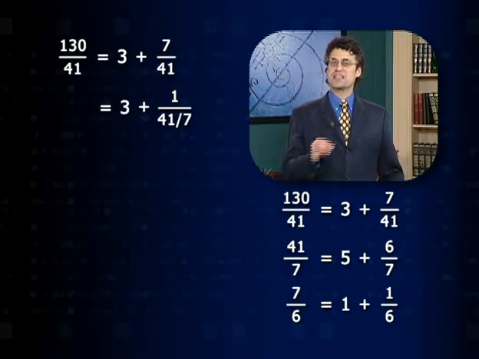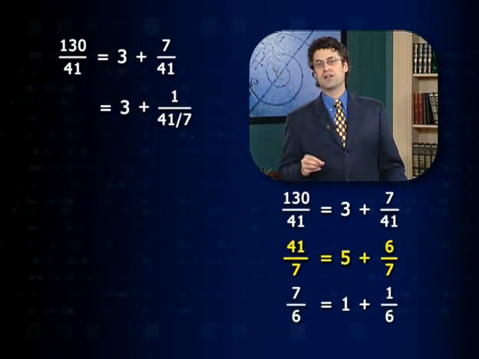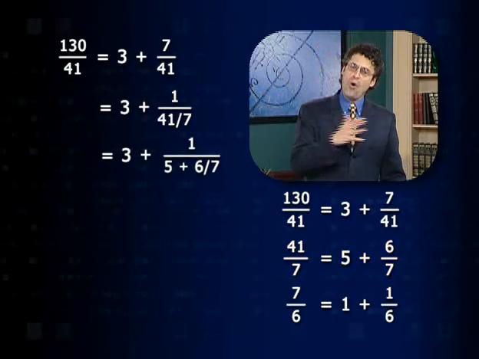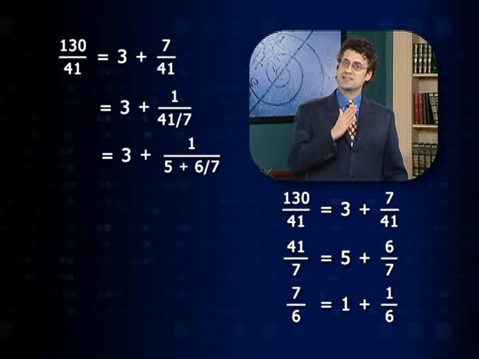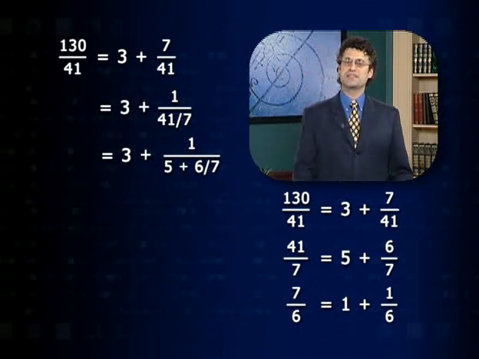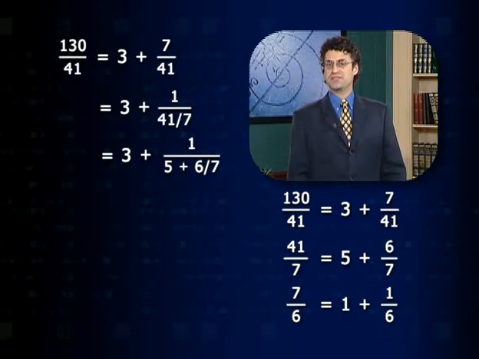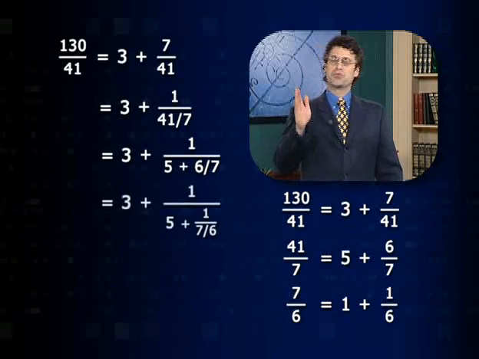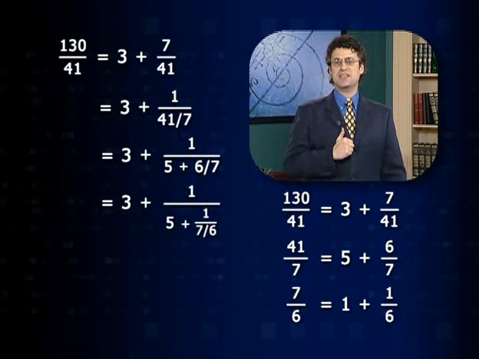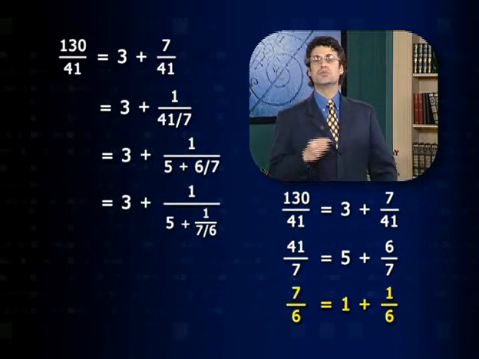Well, now 41 over 7, we know what that equals. That equals 5 plus 6 sevenths. So I could write this as 3 plus 1 over 5 plus 6 sevenths. Well, now the 6 sevenths I could write as 1 over 7 sixths. In other words, I see 3 plus 1 over 5 plus 1 over 7 sixths. And 7 sixths equals 1 and a sixth.